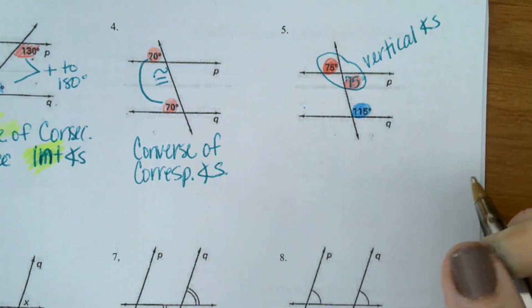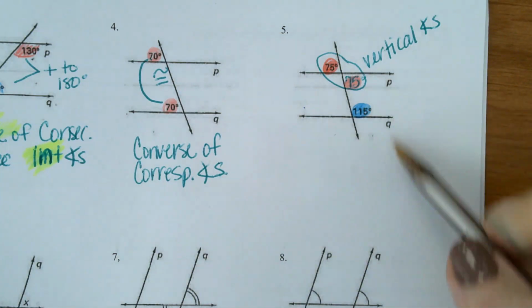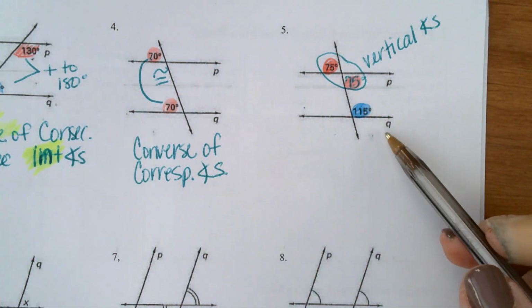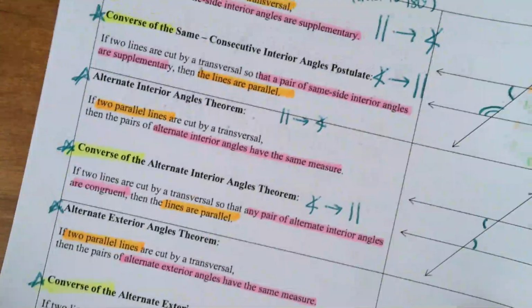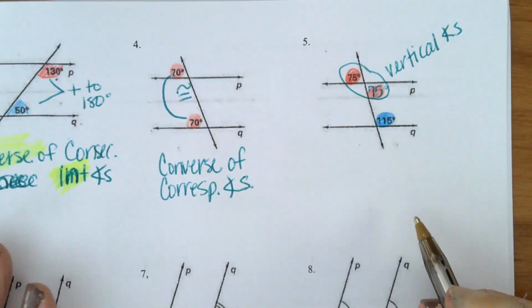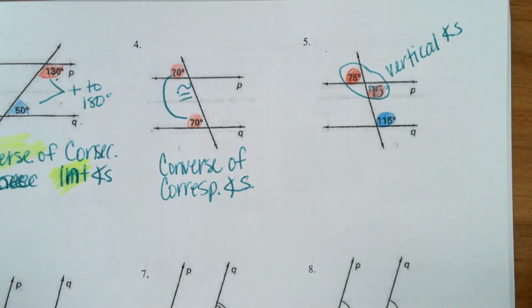They look like they're what? What kind of angles do they look like? Vocab, what do they look like? Okay, consecutive interior. That's what they look like, right? So if they're consecutive interior, what do they have to do? Add to 180.